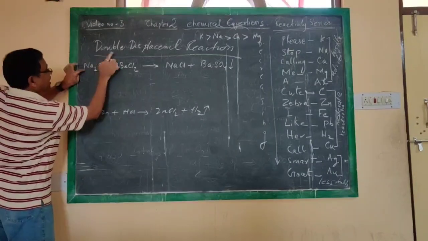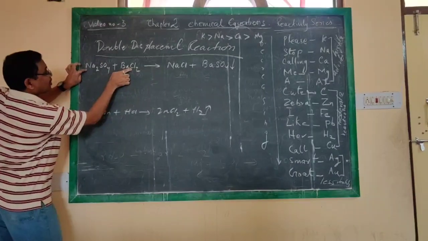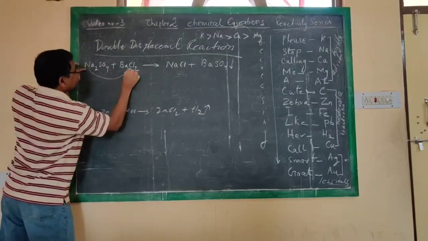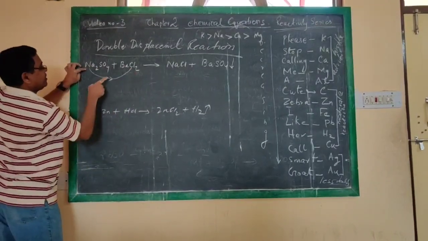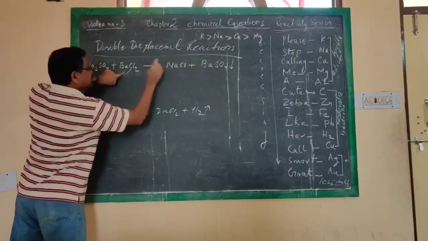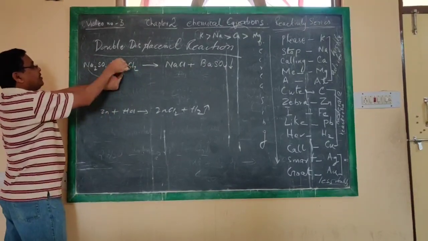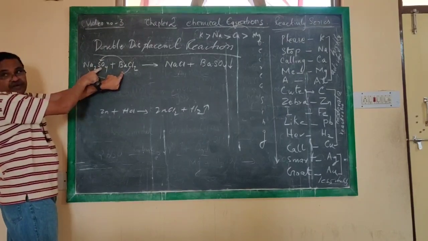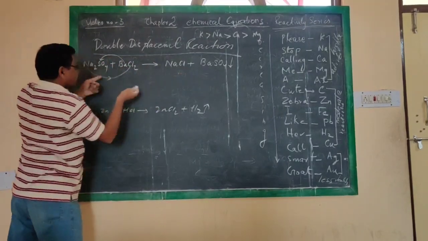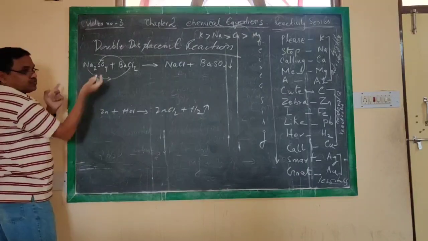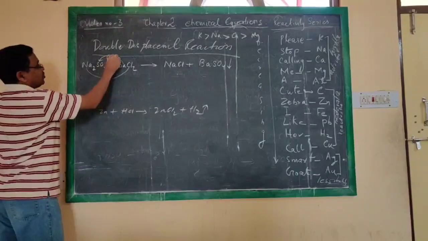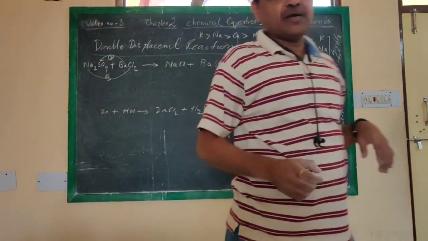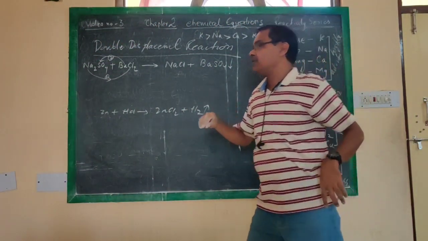Sodium is coming and joining with the chlorine, becoming NaCl, in this direction. Next, barium is coming and joining with the sulfate, giving barium sulfate. Double, 1, 2, 1, 2. So this type of reaction we call a double displacement reaction.